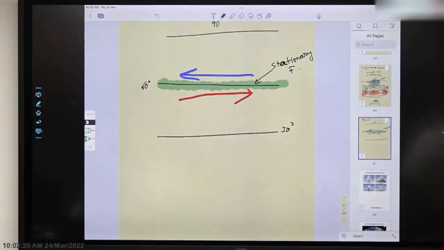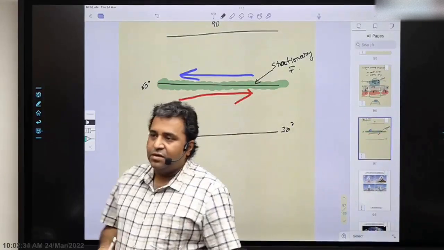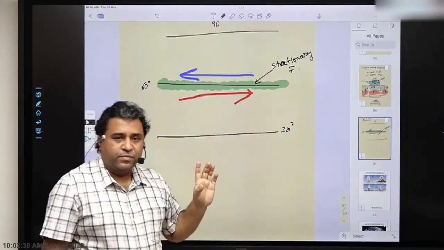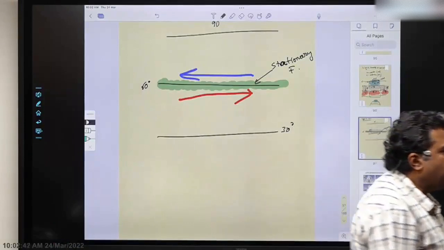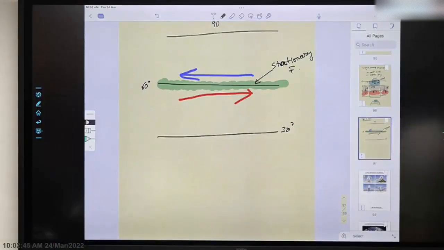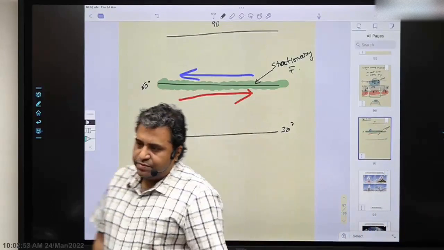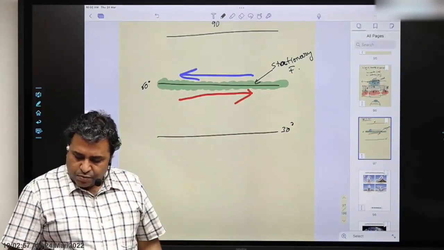ठीक है, so the name of this front is polar front, the name of this front will be subtropical front. Right now we are understanding that both of them are stationary fronts. Why are they stationary? Because winds are just going past them and not pushing them in any direction.